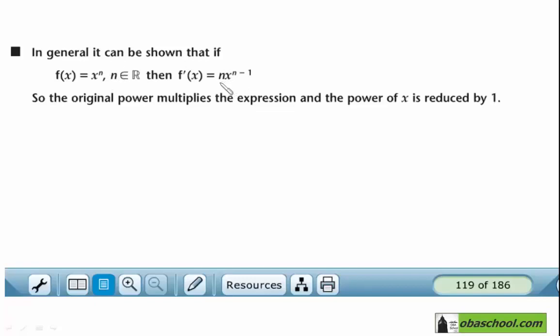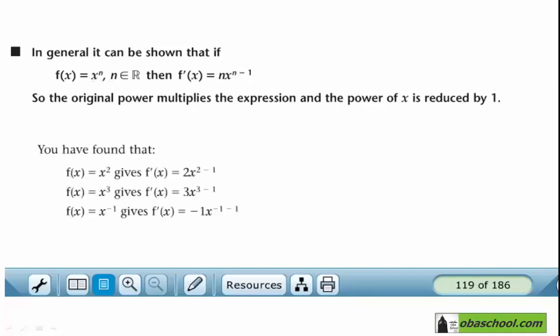Whenever we have f of x equal x to the power n, its derivative f prime of x is n, the power, multiplied by x to the power n minus 1. We reduce the power by 1 and multiply the whole expression by n. This is the general formula that we are going to use to find the derivative for any f of x.